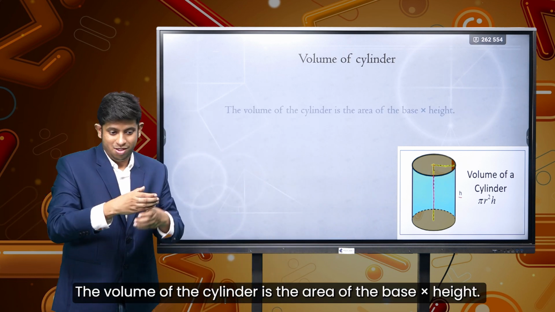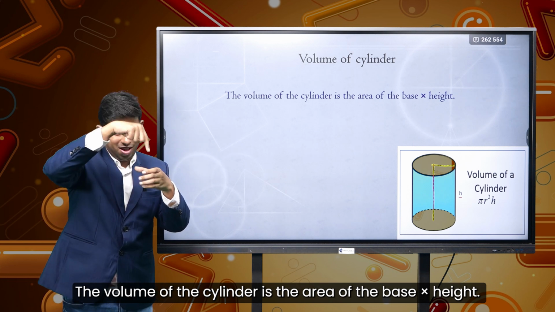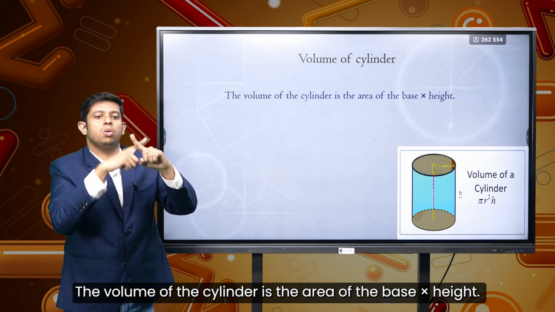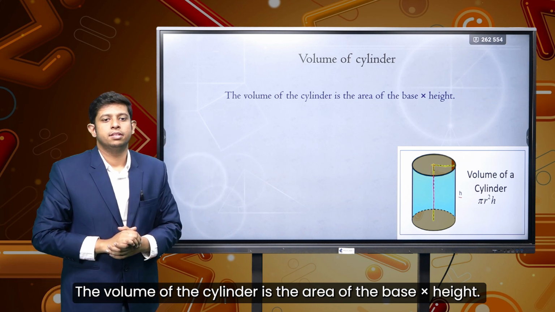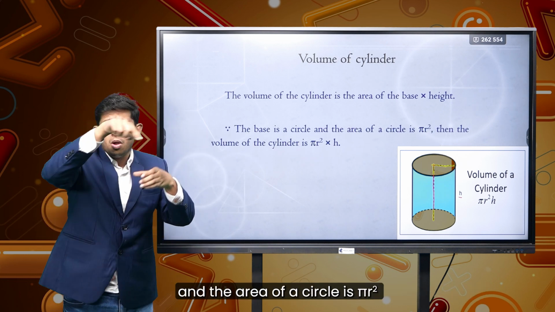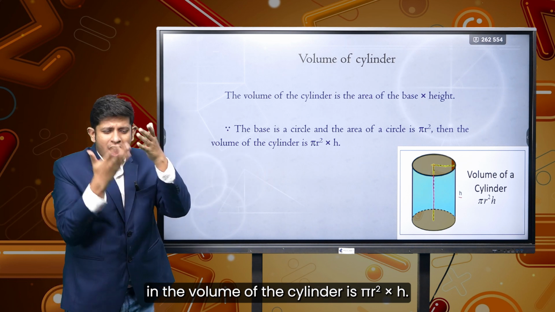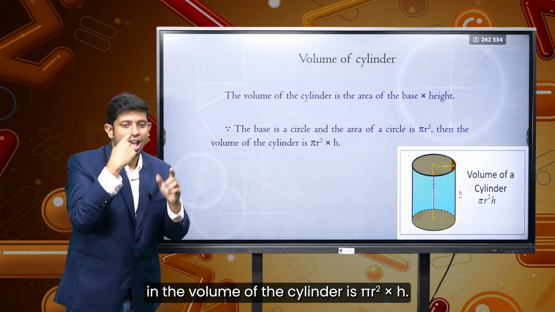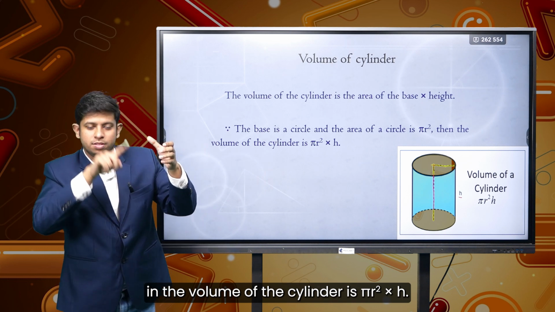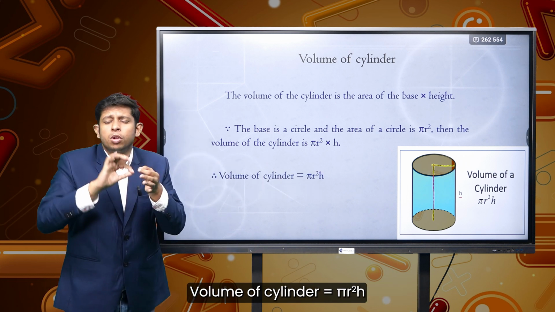The volume of the cylinder is the area of the base into height. Since the base is a circle and the area of a circle is pi r square, then the volume of the cylinder is pi r square into h. Volume of cylinder is equal to pi r square h.